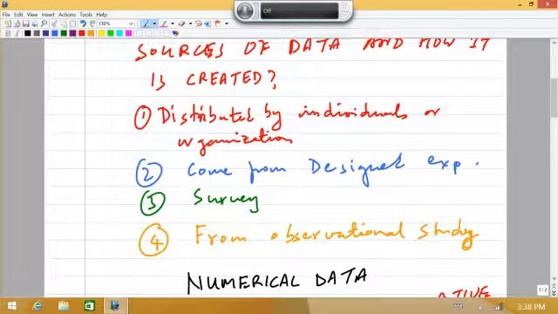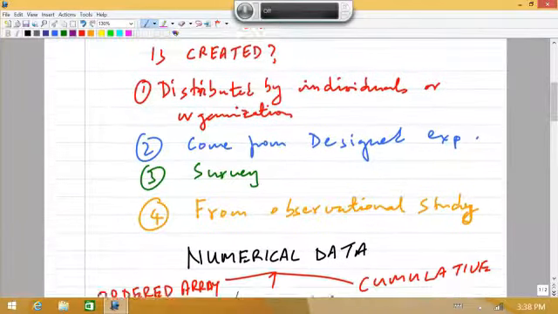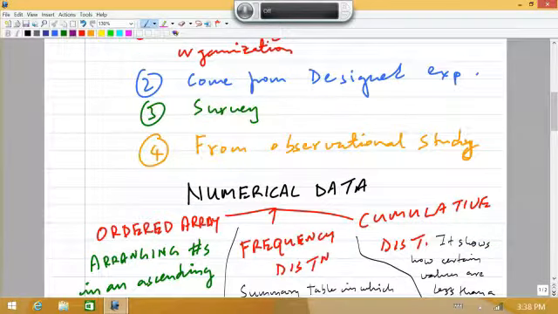Now let's look at how we organize the numerical data, or the data that are numbers. The easiest and the simplest way to organize numerical data is through ordered arrays, which means from an ascending order, from the lowest number to the highest number, and also from a descending order, from the highest number to the lowest number.